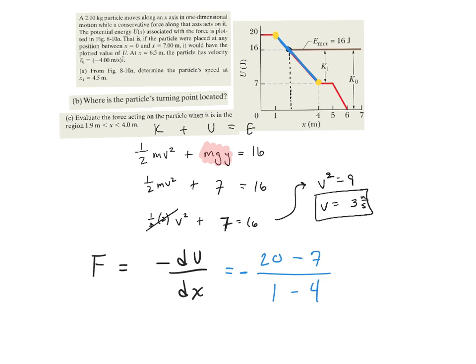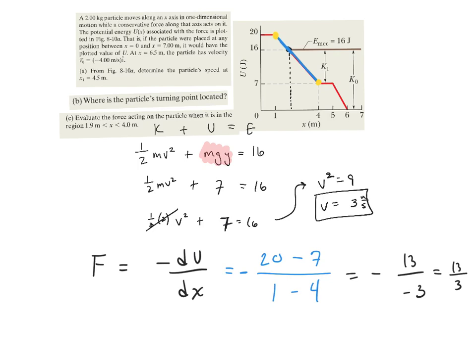So this is my delta y, this is my delta x. I'm going to get, what is this, 14 over 3? 14 thirds? 13 thirds, thank you. And it's negative, right? So it's negative 13 over negative 3, or 13 thirds.